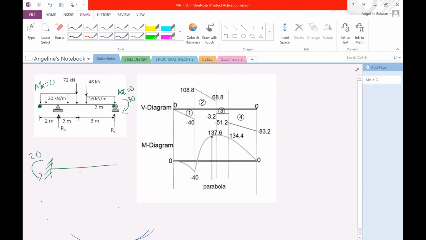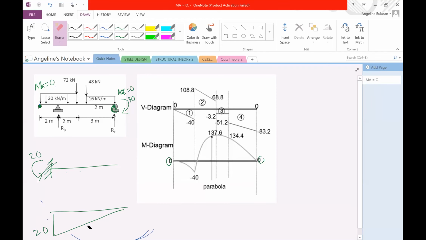So, magre-reflect yan sa moment diagram. Meron din niyang 20. Ganun. So, it depends siya sa support. Pero pag ganitong roller lang naman, tsaka free end, always yan, dapat 0 yung moment diagram. Kaya kung mapapansin nyo dito, 0 siya. No? Magkakaroon lang yun ng value if fixed support or may external moment na load.